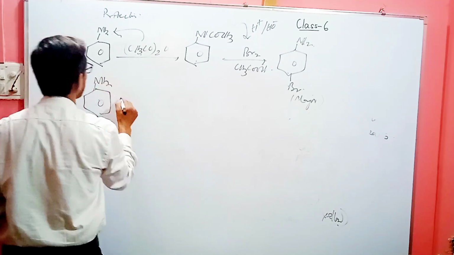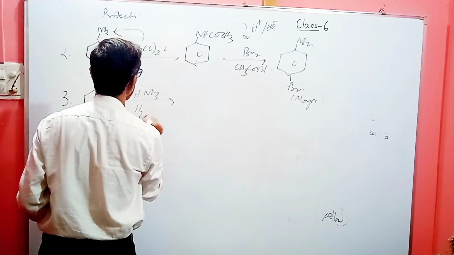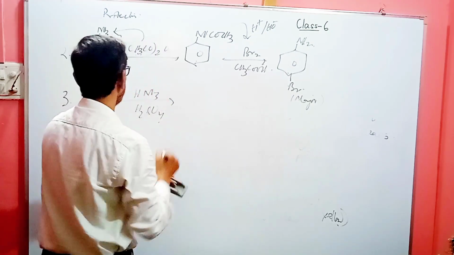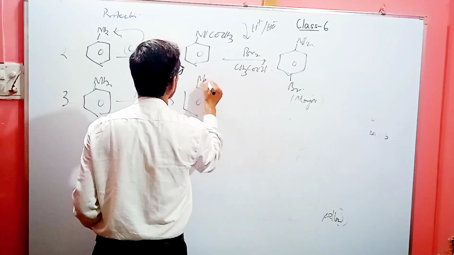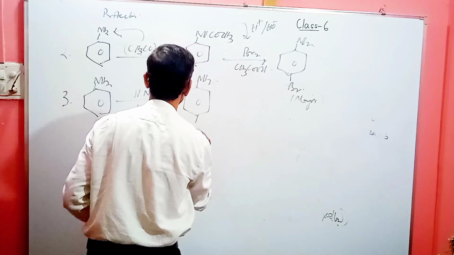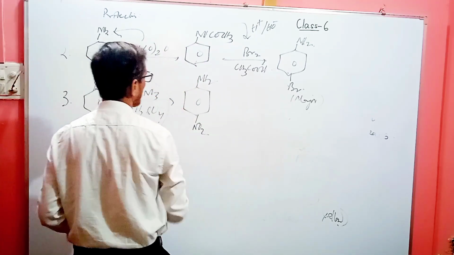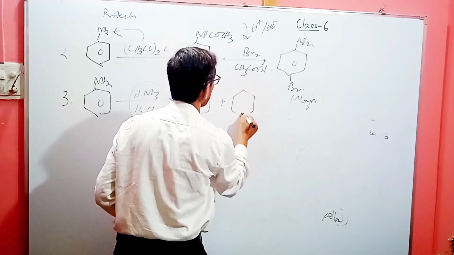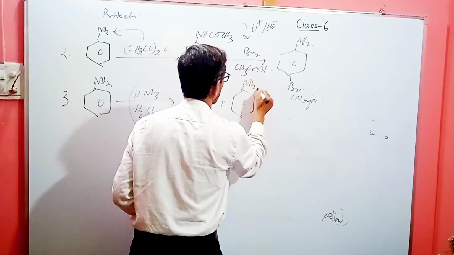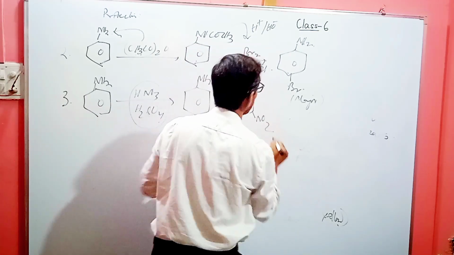In the same way, aniline when nitrated with HNO3 plus H2SO4, we get the NO2 group. NO2 comes from this. It is the electrophile.